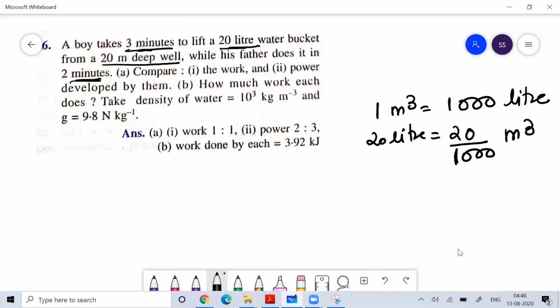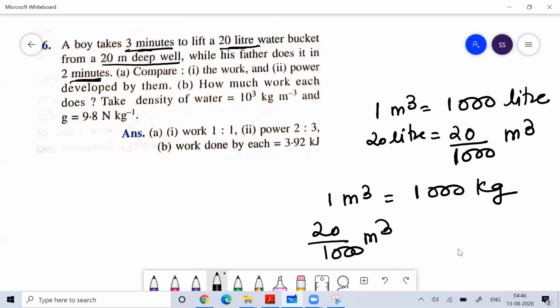You know that 1 meter cube of water is equal to 1000 kg. So 20 by 1000 meter cube will be equal to 20 kg.